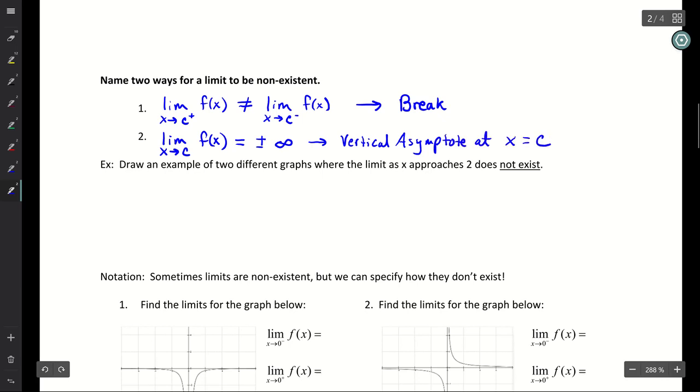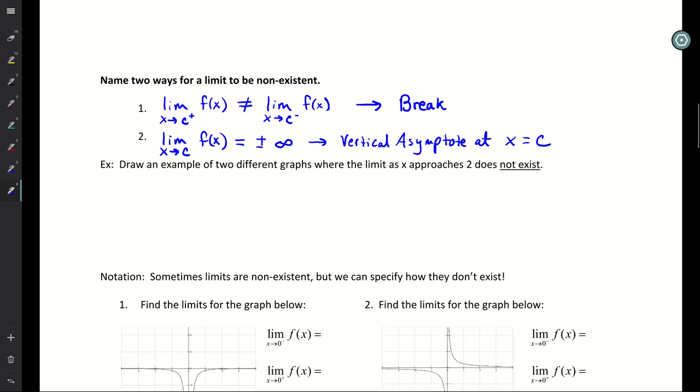And if there's a vertical asymptote at x equals c, then you're going to have a non-existent limit. You may say what the limit approaches, but your limit is still going to be non-existent. Okay, I'll help you see that down here on an example here a bit.